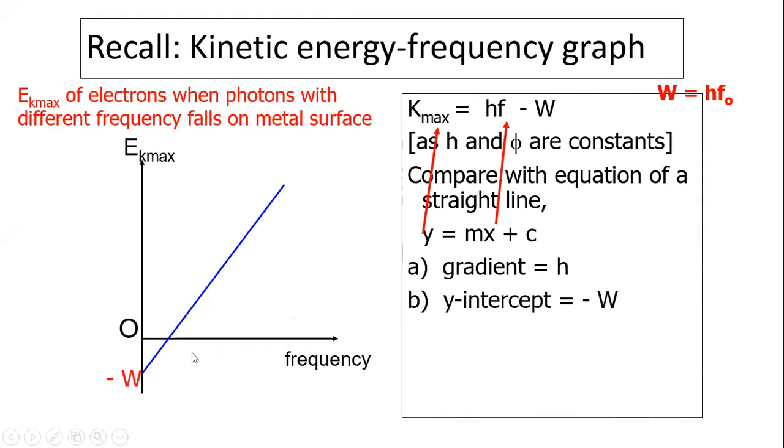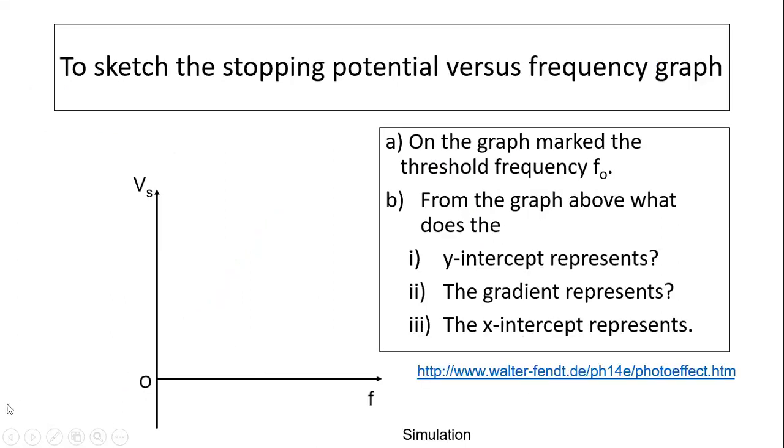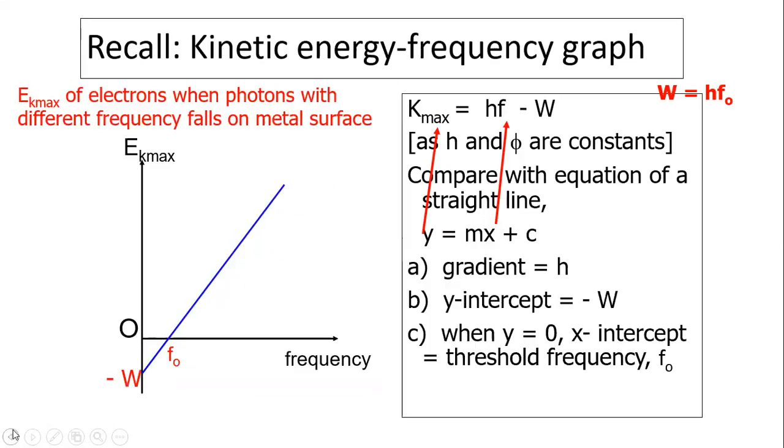The y-intercept is minus work function. And the x-intercept, which is here, is f naught. Okay with that? Anything not clear from yesterday? If not, I'm going to ask you some questions now.